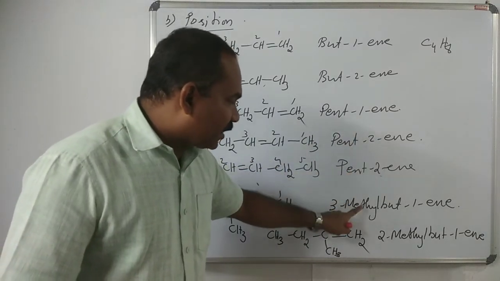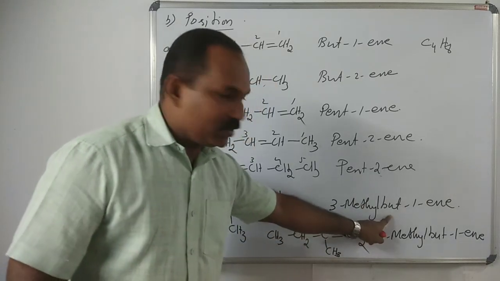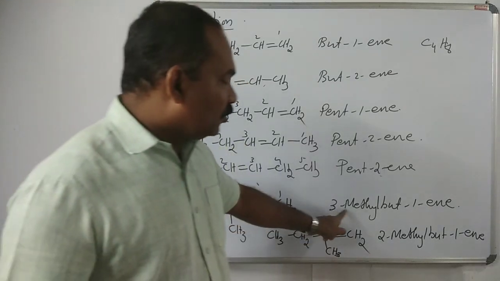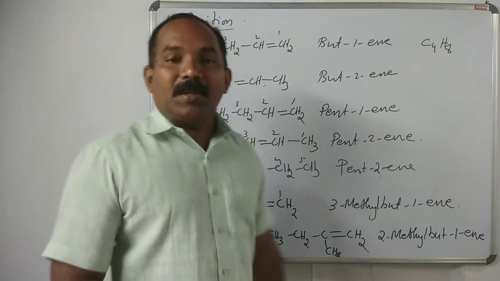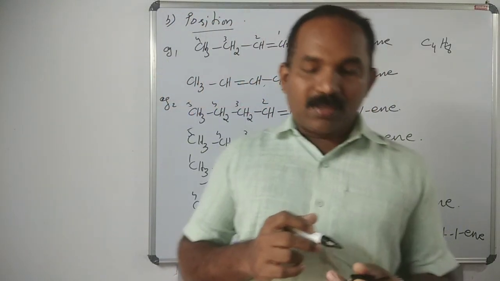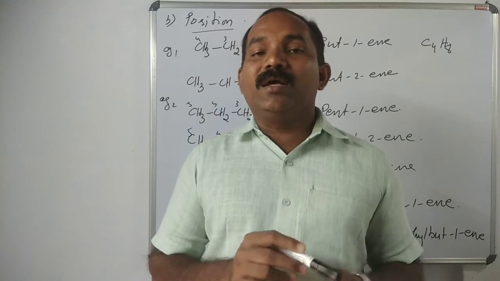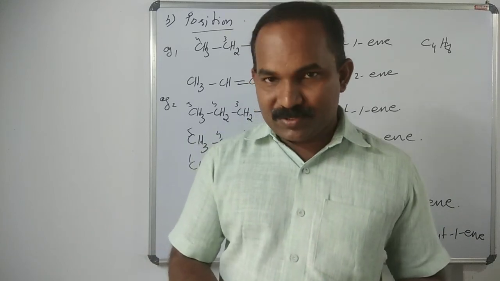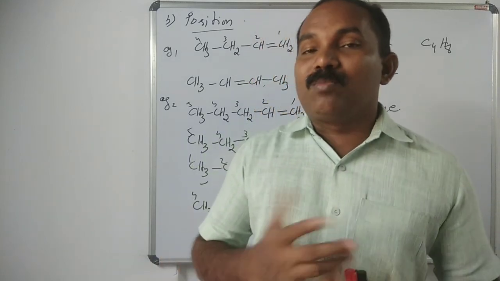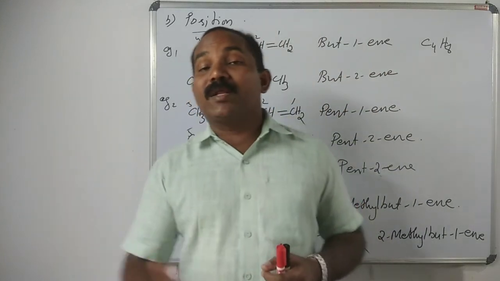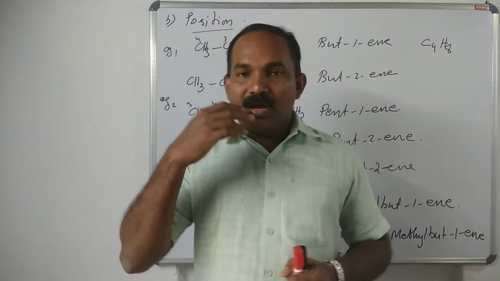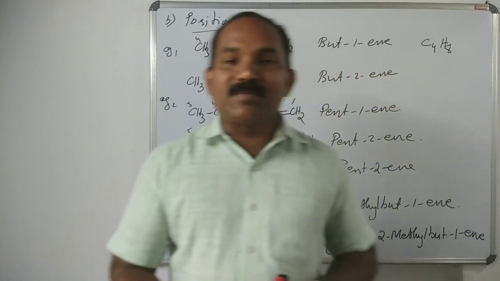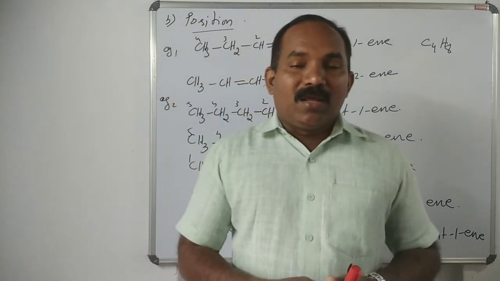Then by considering the position of the methyl group, these two are position isomers: 2-methylbut-1-ene and 3-methylbut-1-ene. Just the position of the methyl group is changed. So that also comes under position isomerism. So you can practice more examples. Okay, here I explained 2 examples: but-1-ene and but-2-ene, similarly pentene.